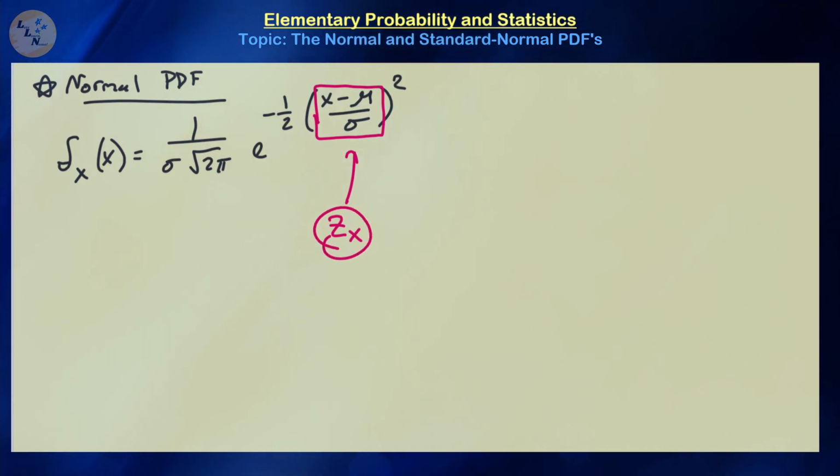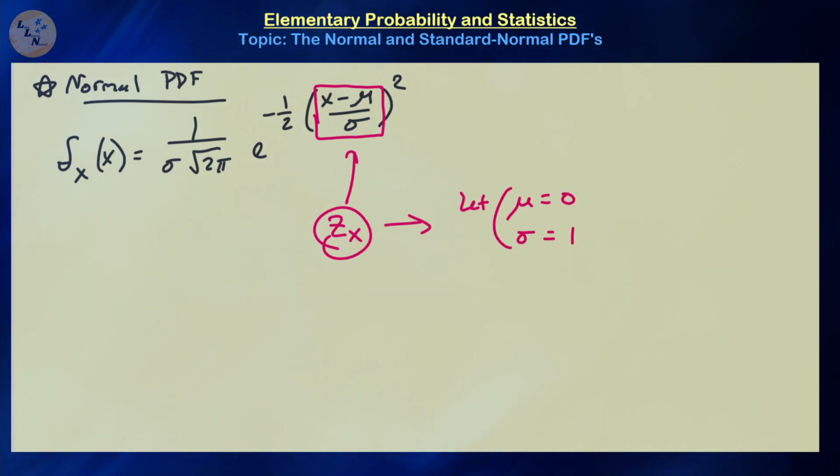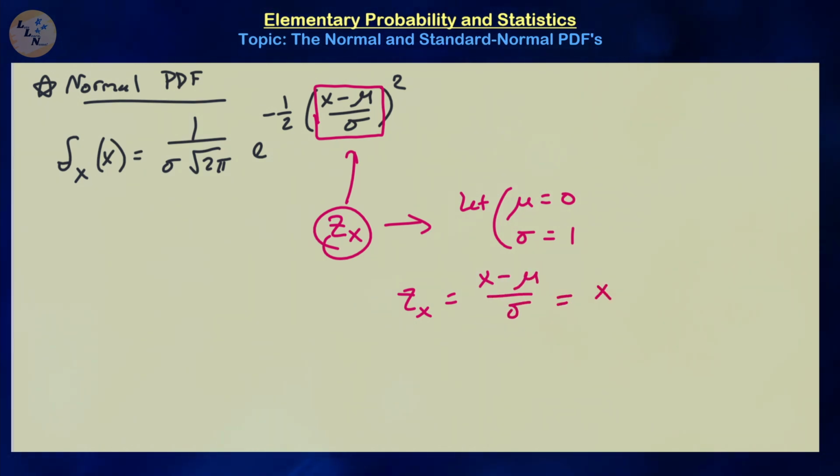Now what we can do is we can let mu be equal to 0 and let sigma be equal to 1. So if we let mu be equal to 0 and sigma be equal to 1, then the z-score for a particular value x is just going to be equal to x, right?